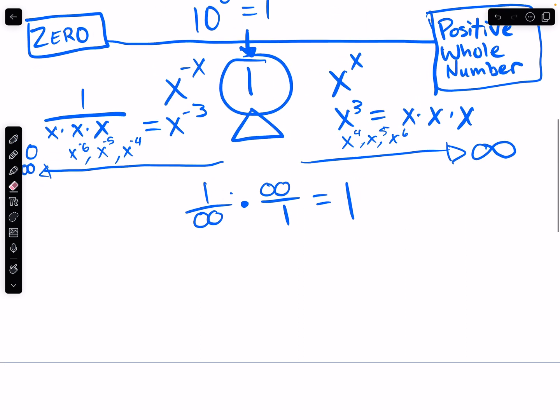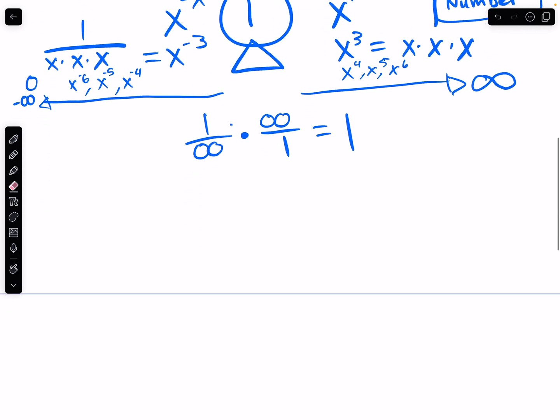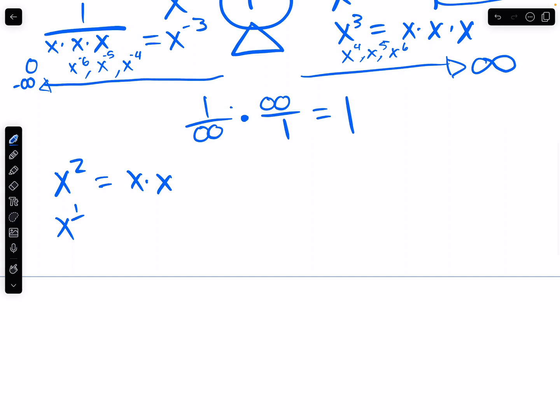So let me see. The other aspect I would love to highlight here that is really cool is to understand how we can write out x squared, and that symbolizes x times x, right? And x over 2.